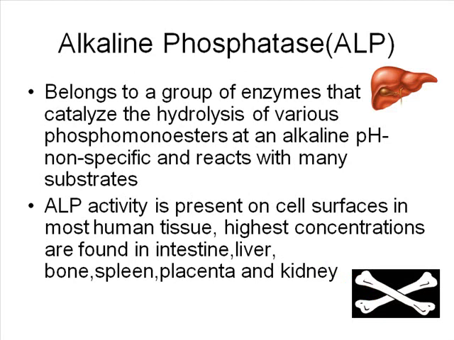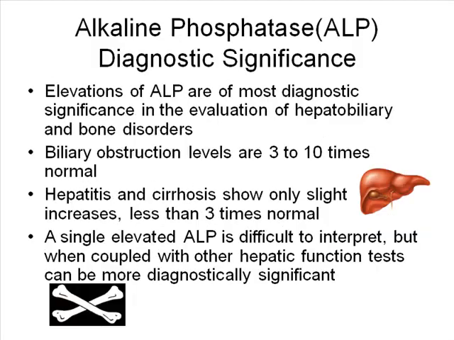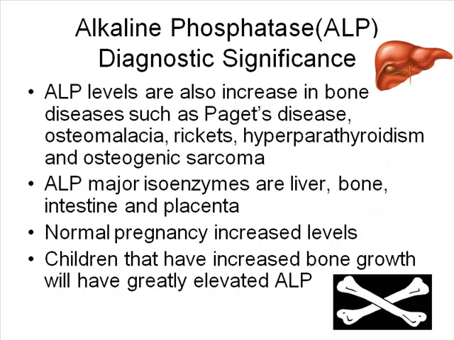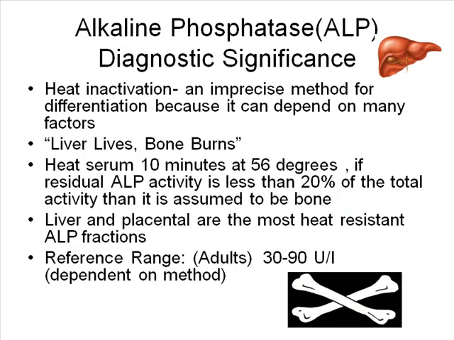ALP, liver lives, bone burns. Remember that with alkaline phosphatase. We also look at this for bone and liver. There's a few other applications. But what we did was we heated up the alkaline phosphatase to see how much was left.